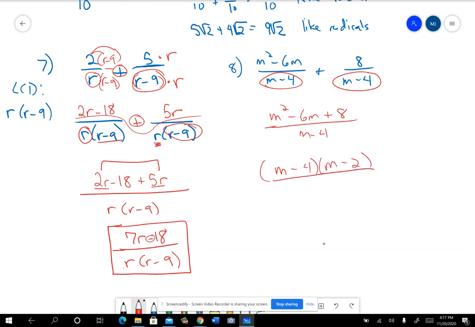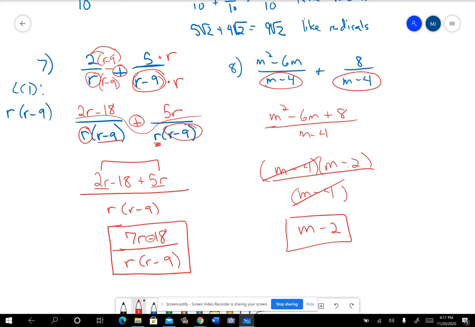I think that's going to work. Negative 4m and negative 2m would give me what I need, and negative 4 times negative 2 would be 8. So this one actually has a common factor top and bottom, and it winds up being just m minus 2 at the end. That would be your final answer on that one.